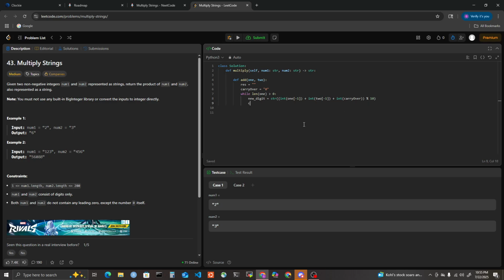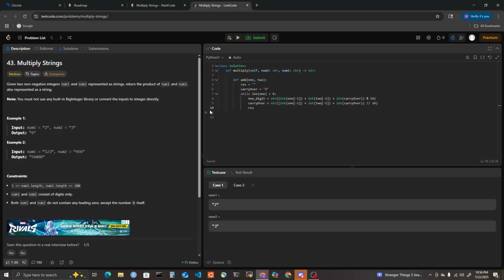New digit, and then we're going to make carryover equal this, which can be mod 10. And with this new digit, we'll add that to the response.